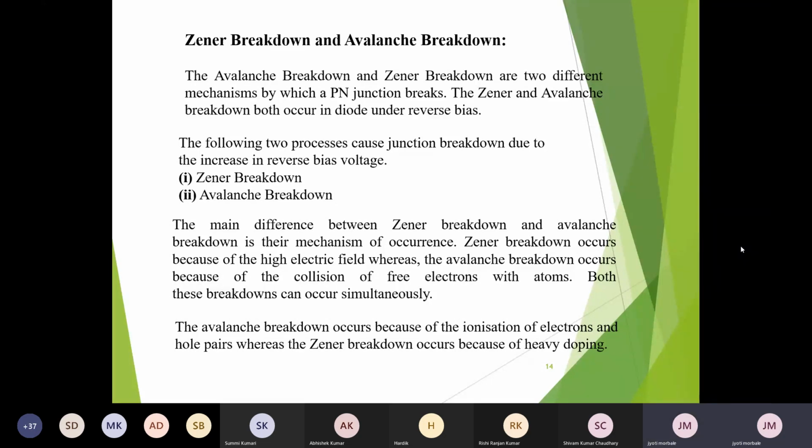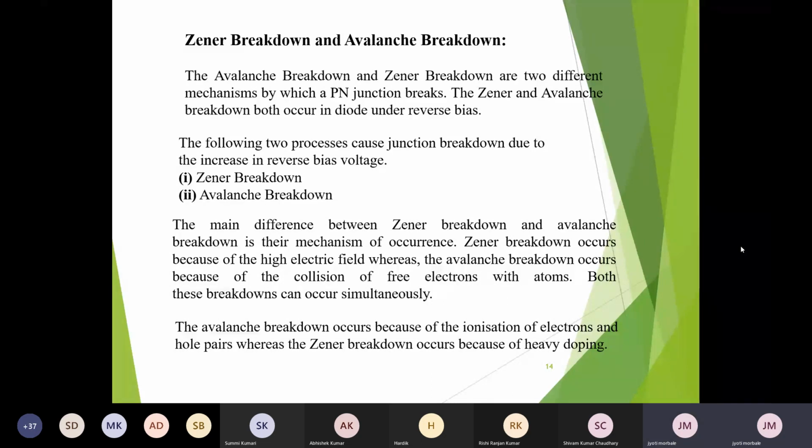The breakdown in a reverse bias diode can take place due to two effects. First is avalanche effect, that is related to avalanche breakdown, and second one is Zener effect, that is called a Zener breakdown.